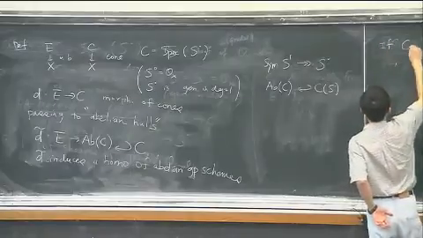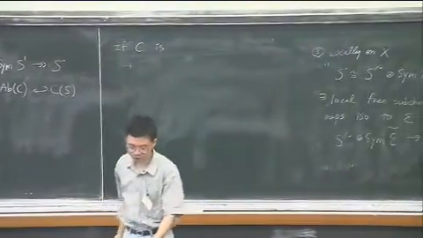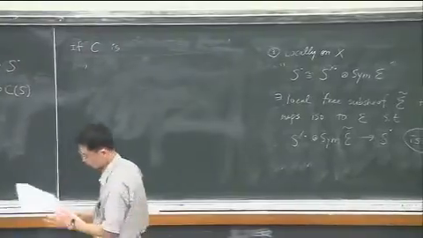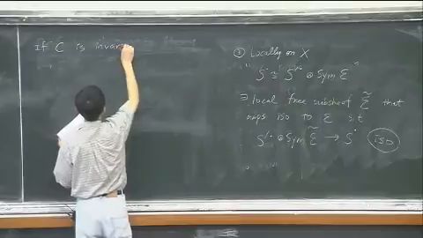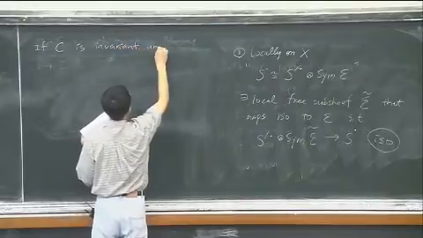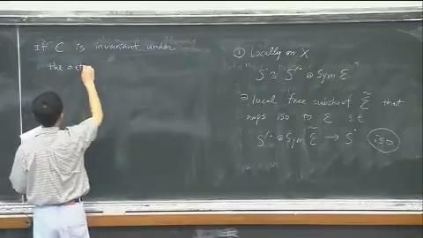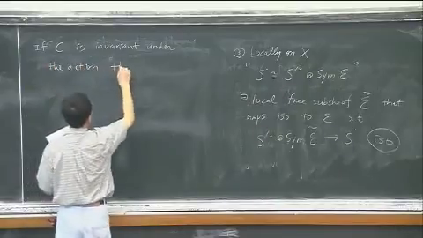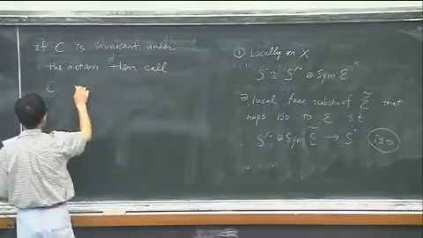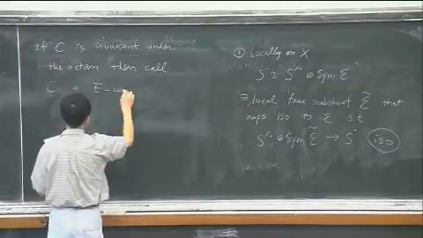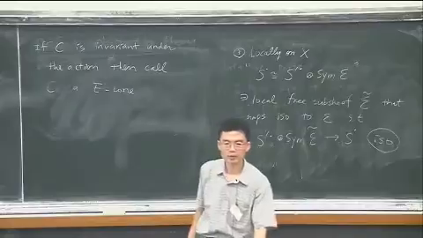If C is invariant under this action, then we'll call this C an E cone. Does that make sense?